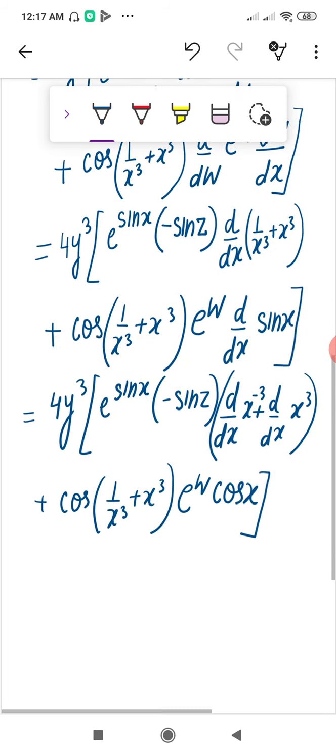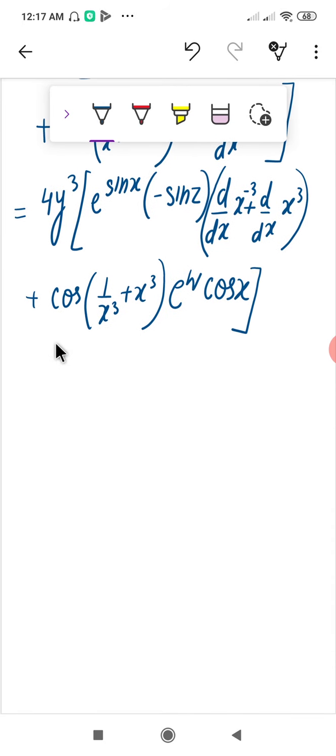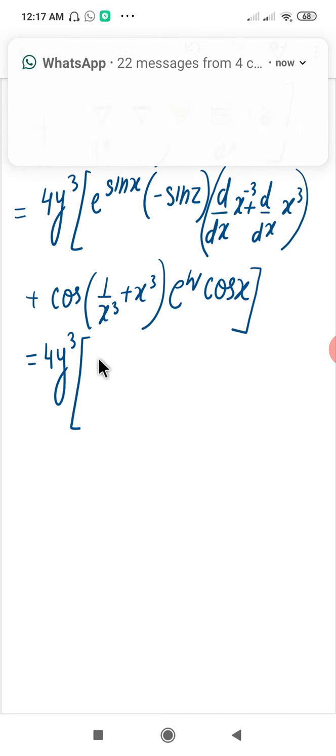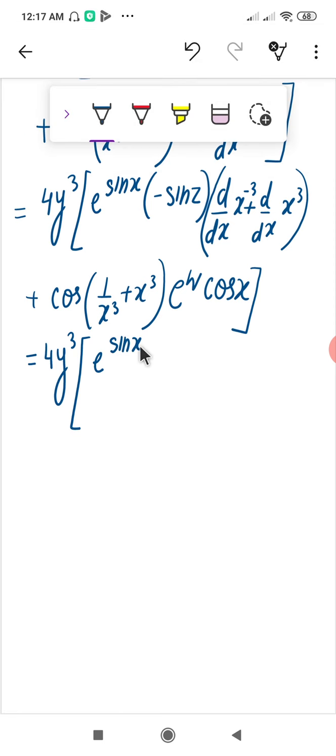Tell me if you are getting this. Now let me see what we are getting in the next step. 4y cube e to the power sin x minus sin z, and just come to this point.